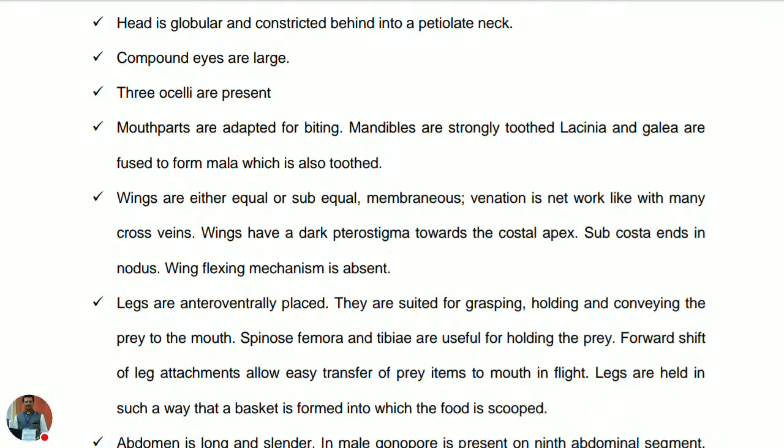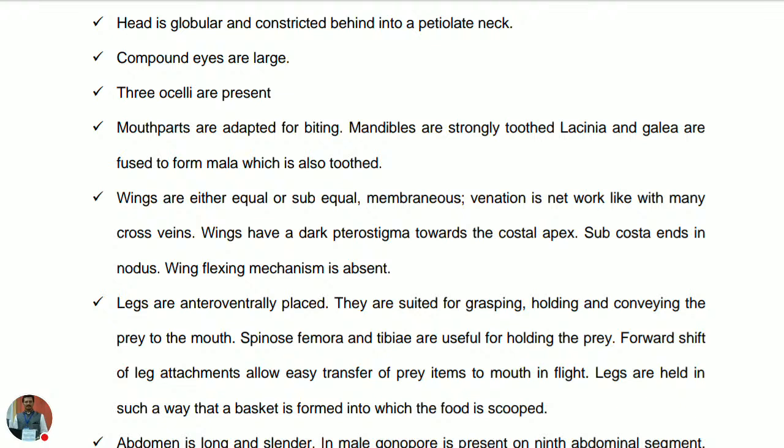The membranous wings, the second pair of wings, that is the hind wings, are folded and flexed just while they are to be utilized, or when they are at rest. So in case of Odonata, such flexing mechanism is absent.